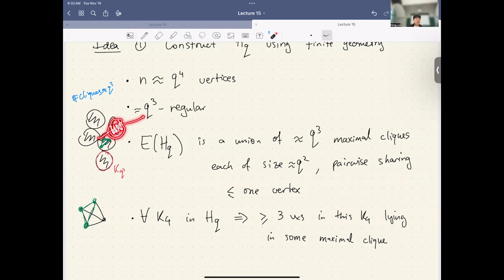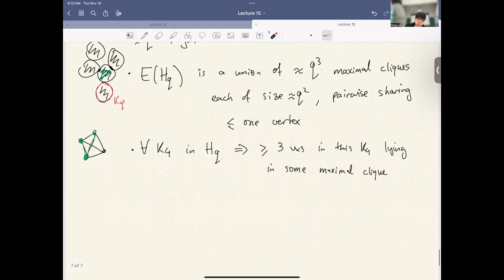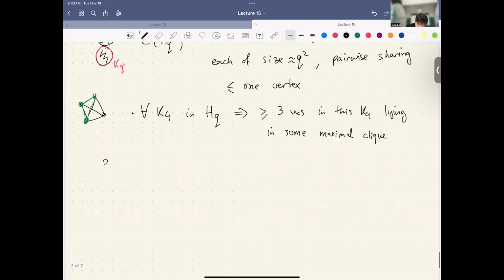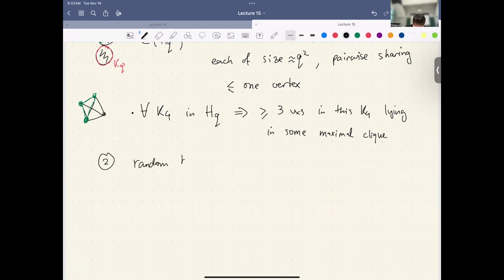Now each clique becomes a complete bipartite graph, in particular triangle-free. Every K4 must have a triangle inside some clique, so we kill all the K4. This is the second step. Let me write it down. This is the random block construction.